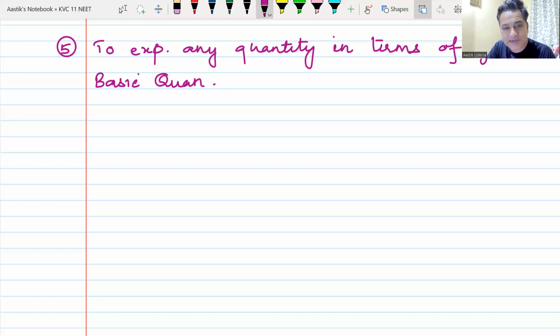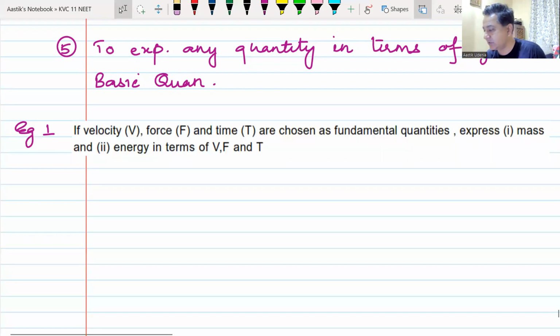All the questions we have done previously are to be done on similar lines. So we will understand this in terms of an example. Example number 1.